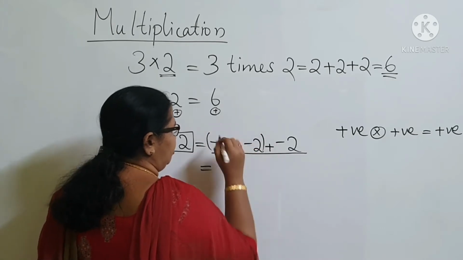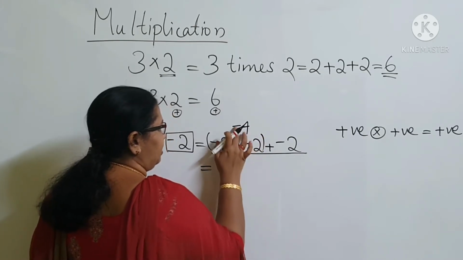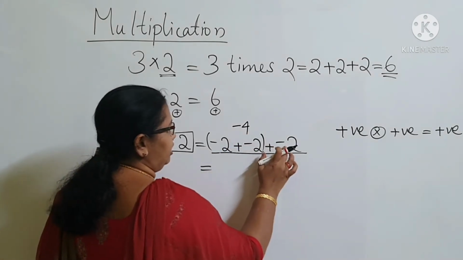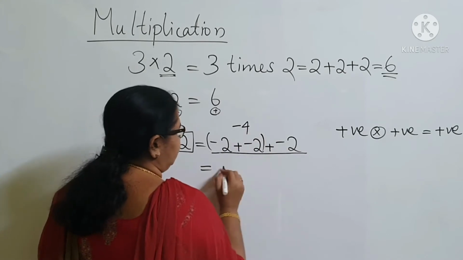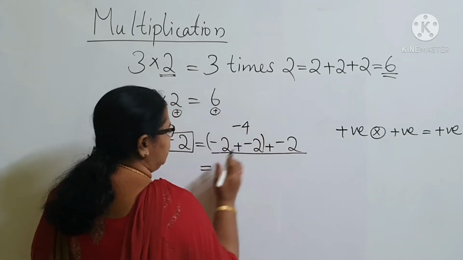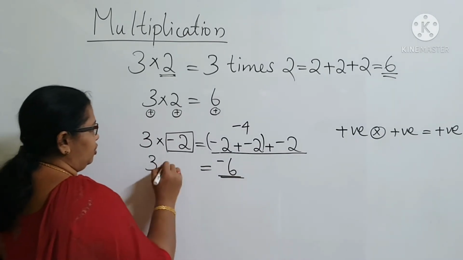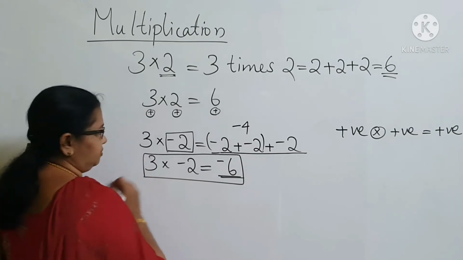Negative 2 plus negative 2: both are negative integers, so add them and place the same sign. So negative 4. Then negative 4 plus negative 2. Both are negative integers, so 4 plus 2 is 6, and place the same sign. So the answer is negative 6. So 3 into negative 2 is equal to negative 6.